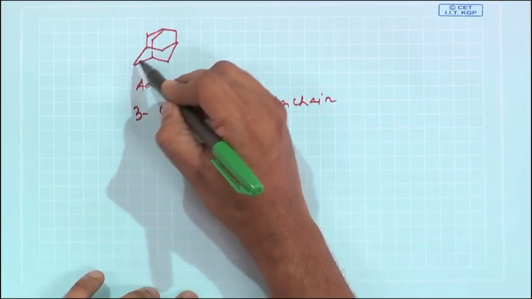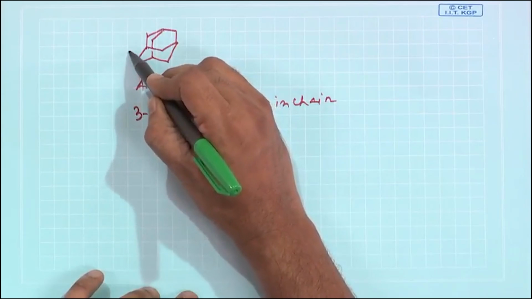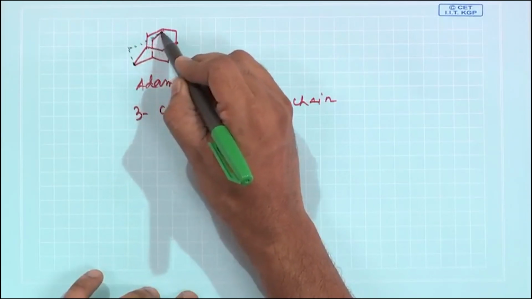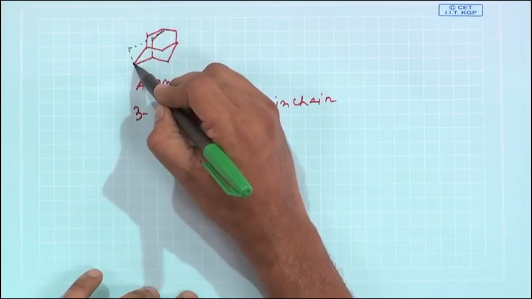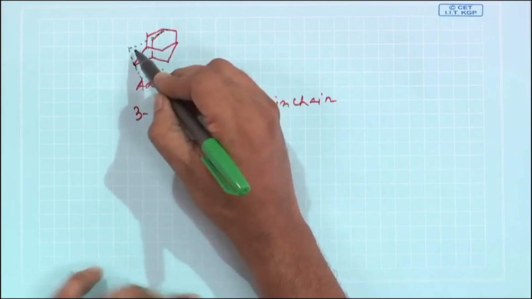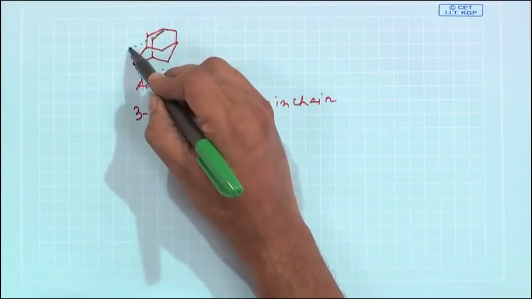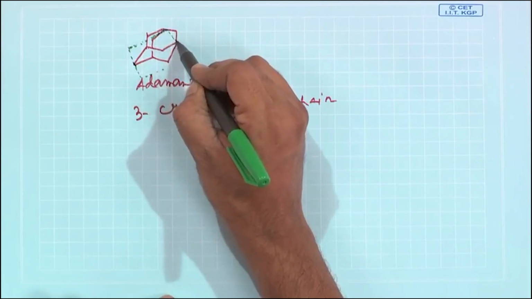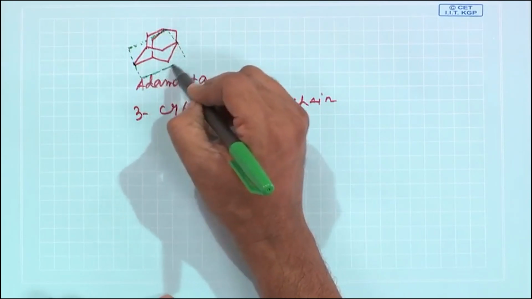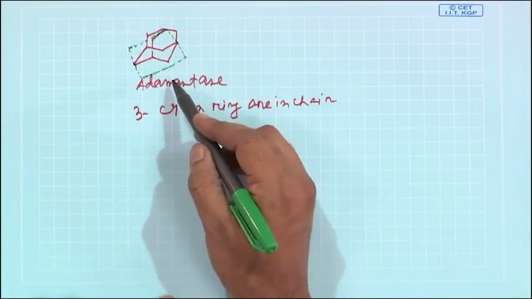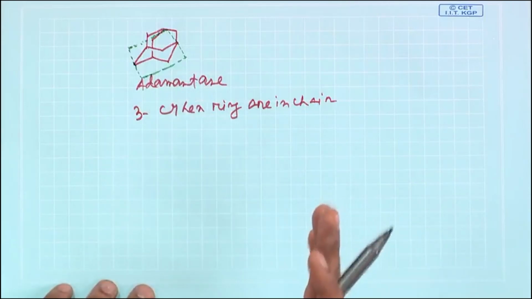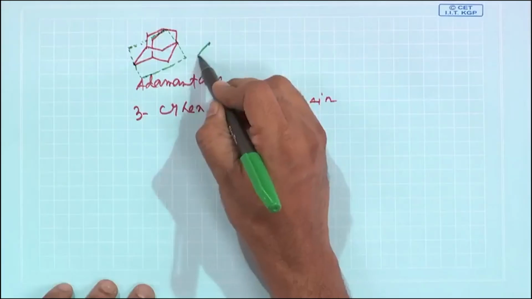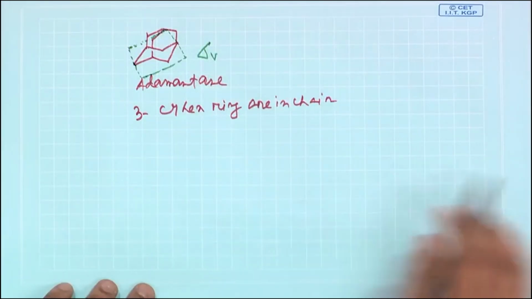If you draw the plane which goes through this, you can bisect the molecule into two equal halves. You can visualize the molecule if you have a nice 3-dimensional model. So, this molecule has a nice sigma v.